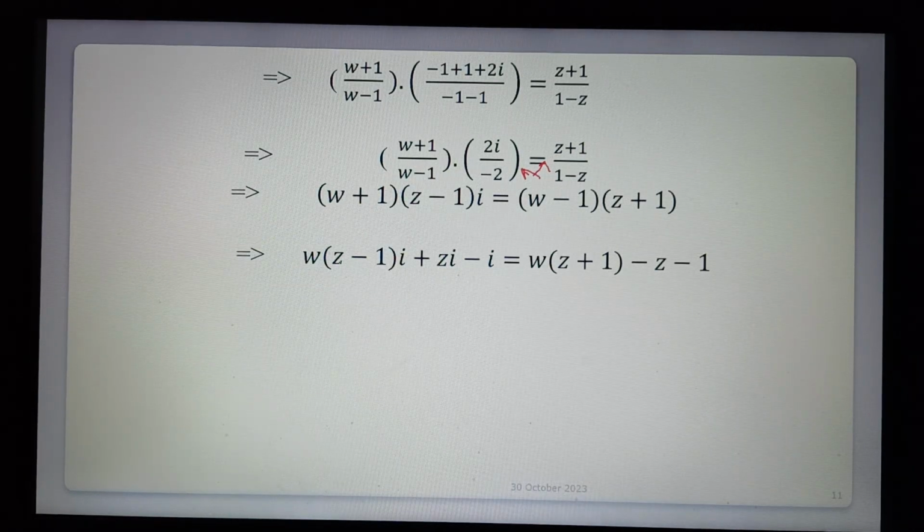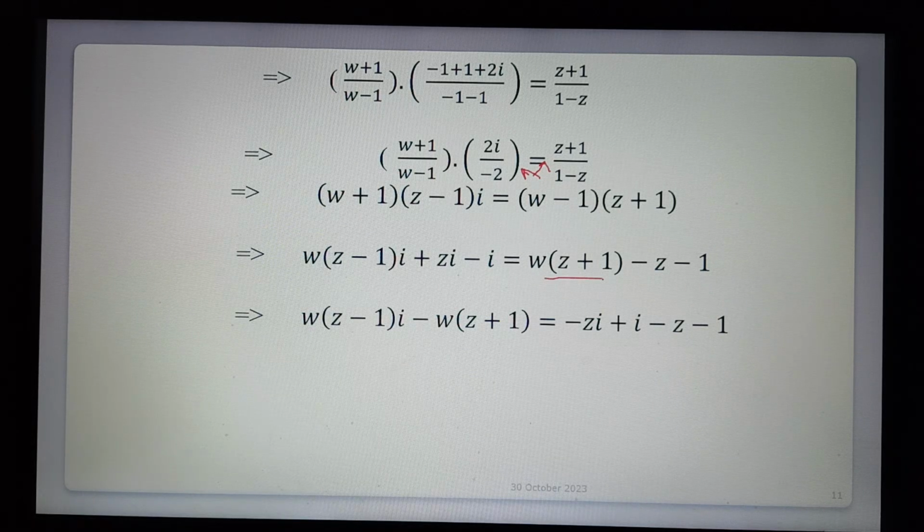Now the product on both sides. Multiplying out, w into (z - 1) i plus zi minus i, and here w into (z + 1) minus z minus 1. So w into (z + 1) is on the right side, and zi minus i is on the right outside. So w(z - 1)i - w(z + 1) is equal to the right outside: -zi + i, and -z - 1 is already on the right side.